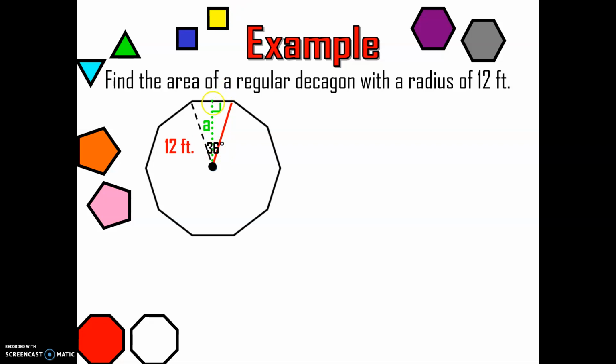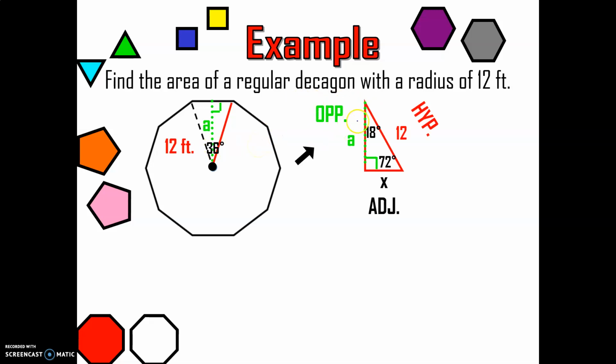Instead of drawing the triangle upside down like this, I'm going to draw it in our normal orientation, pointing upward. This is still our apothem, and the radius is the hypotenuse. So the radius of 12 is the hypotenuse.